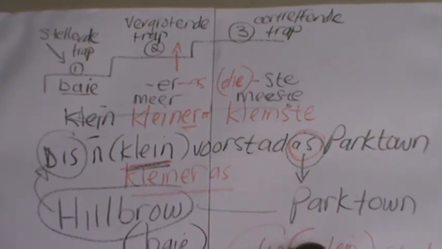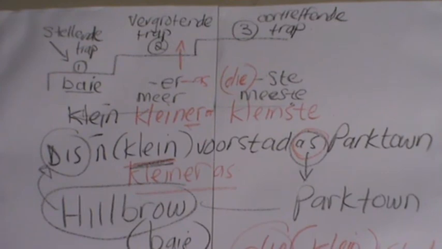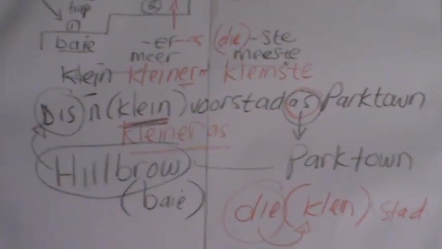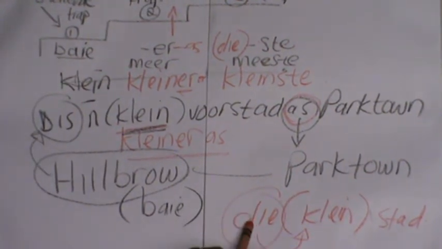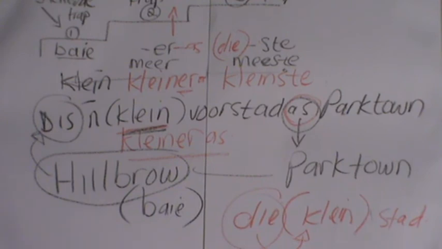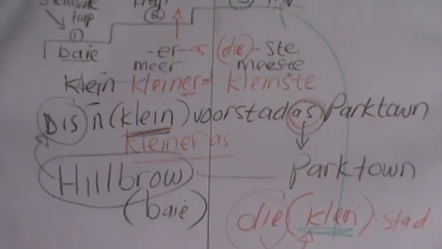If you see the word die right in front of the word being tested, then you know that we have to go for oortreffende trap. Right, here we go. If you see the word die right in front of the word being tested, then you must know that we have to go to oortreffende trap.